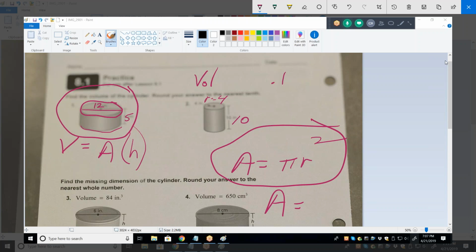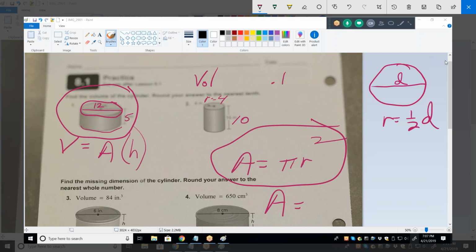What is R? R is 5. No. R is half the diameter. Anytime you have a circle and you know the diameter, R is equal to 1/2 the diameter. Always. 100% of the time.